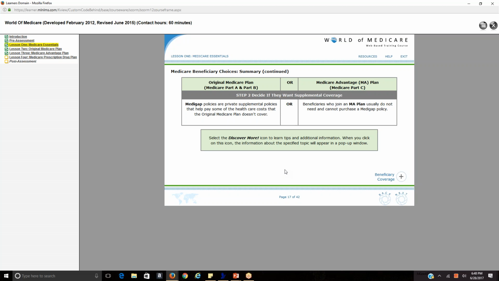Most of the time, these Medigap policies will cover the Part B costs, which are the physician costs. A Medicare patient normally has a deductible of around $185 per year, and it goes up every year, so that's just a rough estimate.